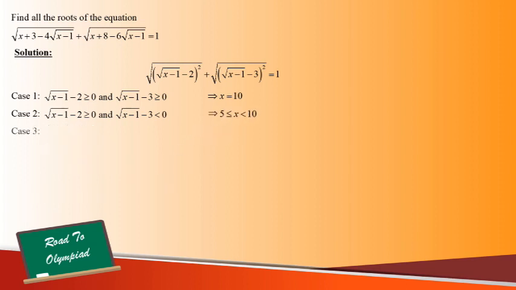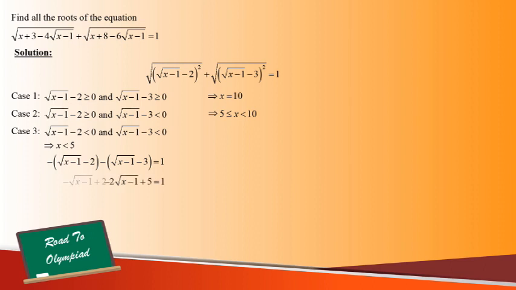When we come to the third case, we have both the expressions less than 0. This gives us x is less than 5 and x is less than 10. Combining these two together, case 3 will be x less than 5. In this situation, we get negative square root of x minus 1 minus 2, minus square root of x minus 1 minus 3, is equal to 1.